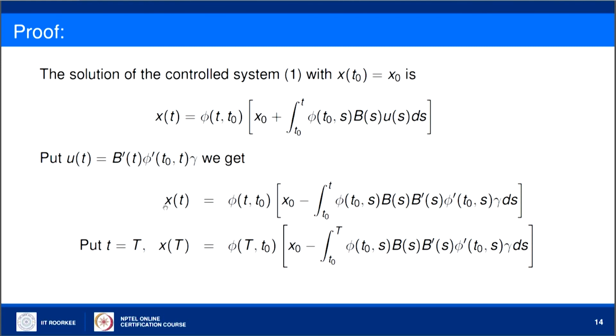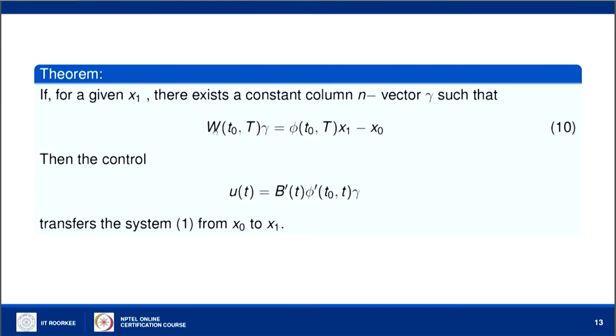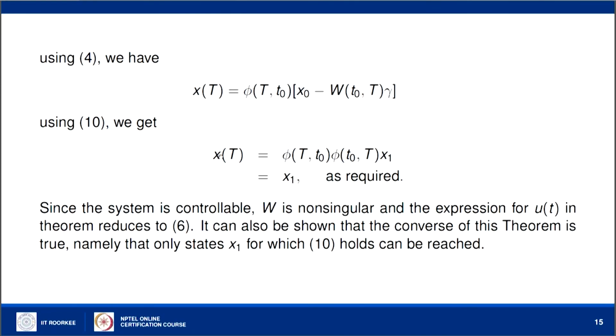We get x of t equal to the expression given here, and by making use of equation 10 we get x of capital T equal to x1, the final condition, by making use of the property of the state transition matrix.